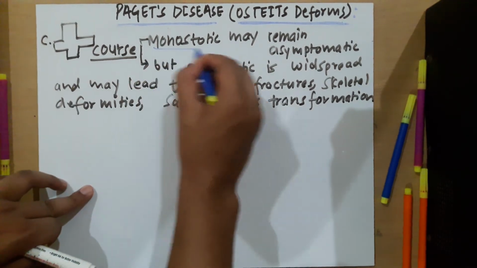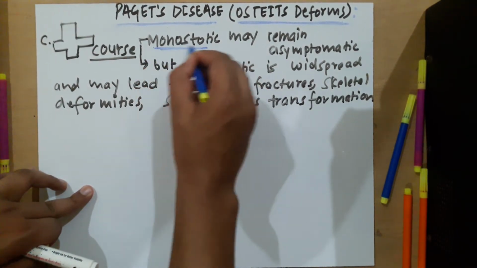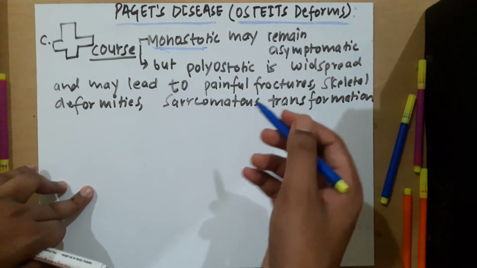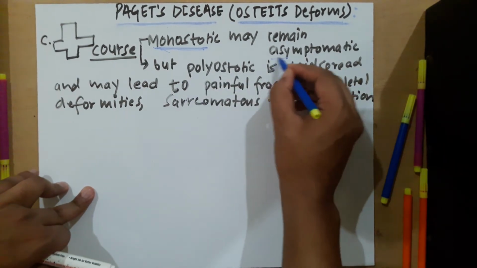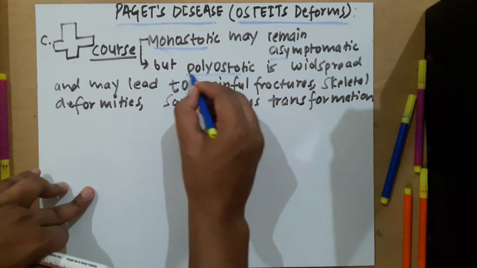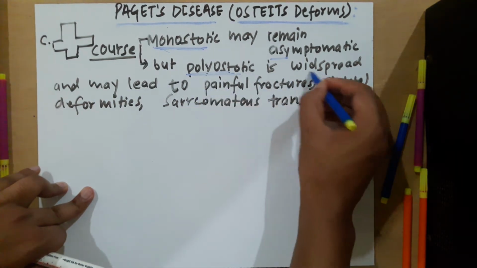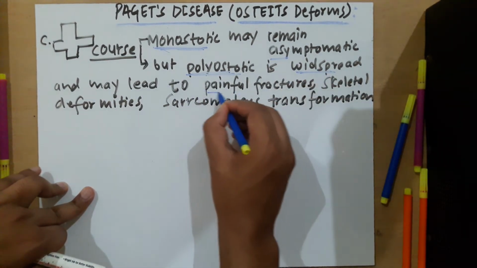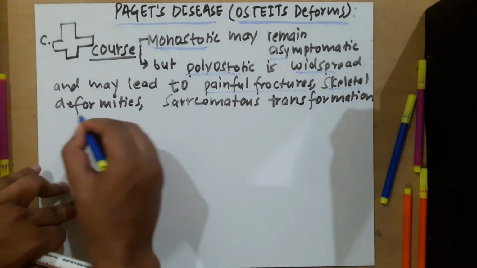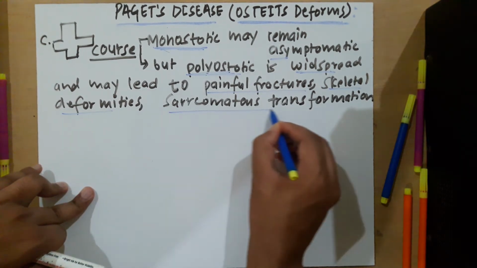It's not compulsory that monostotic is asymptomatic, it may remain asymptomatic, but polyostotic is widespread, may lead to painful fractures, skeletal deformities, and sarcomatous transformation.